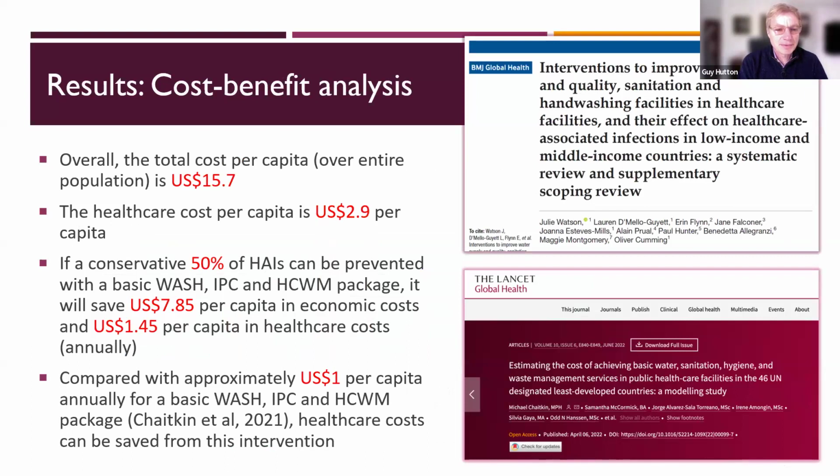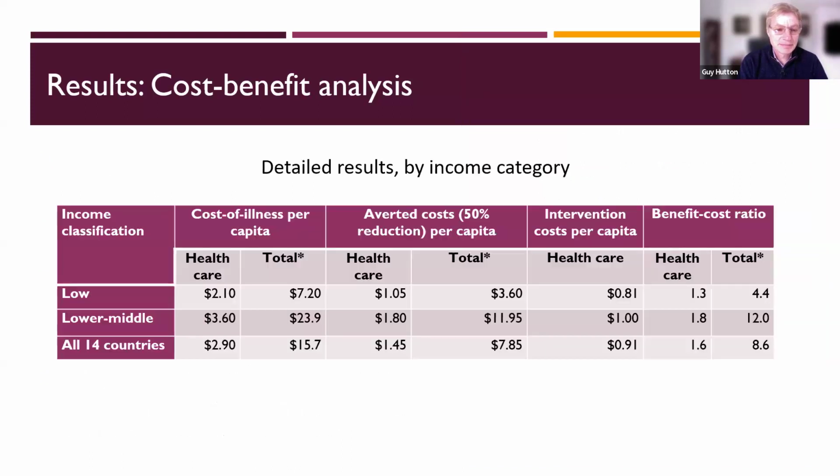And comparing with the approximate $1 per capita for basic WASH, IPC, and healthcare waste management, the healthcare costs can be saved from this intervention. So it's positive. Certainly not all the impacts were included, but it's a very positive result in terms of what you can expect to get back in financial returns.